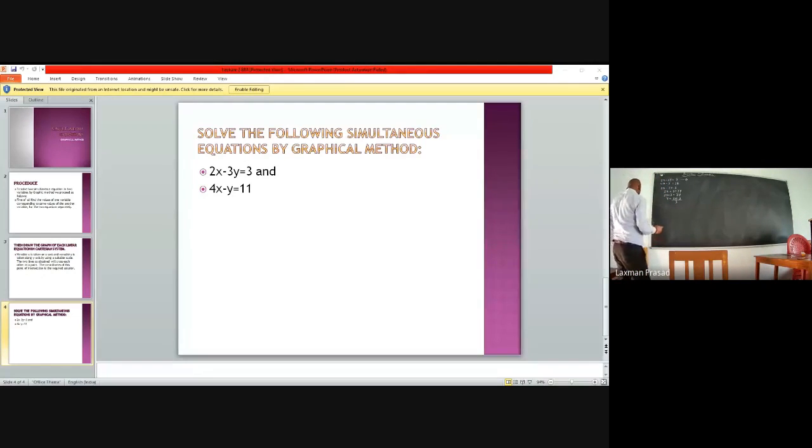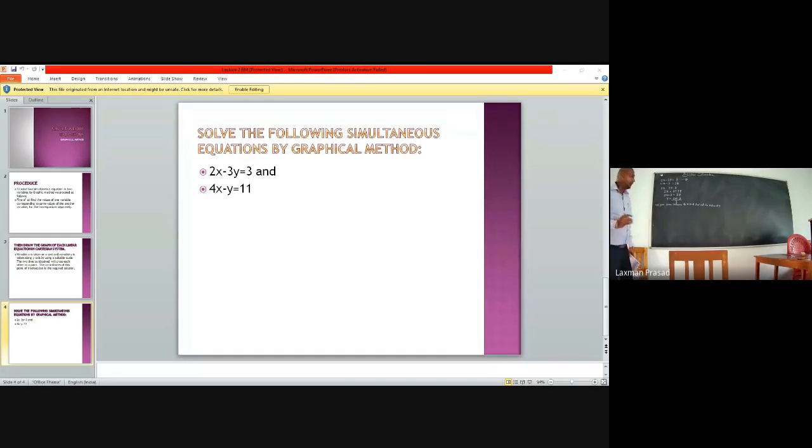Then there is an effect. We give some values to x and find out the value of y.